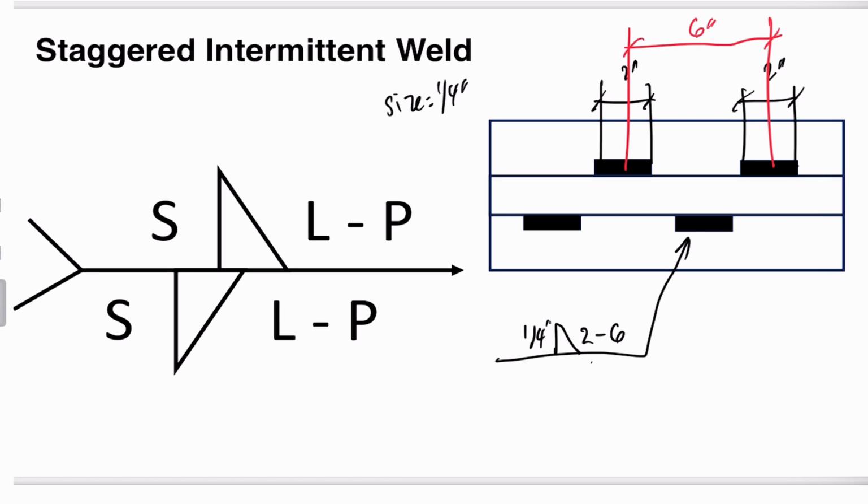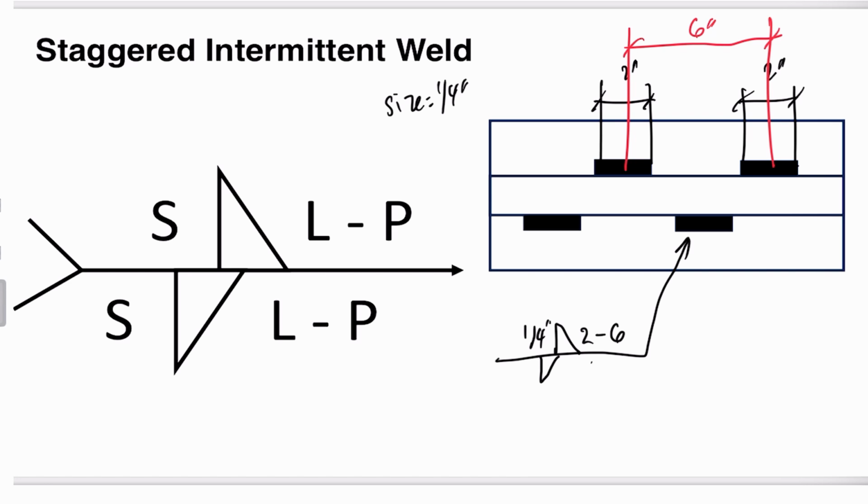Note that for the staggered intermittent weld, the fillet welding symbol should not be placed directly downward of the weld symbol on the other side. So it has some sort of an offset between the weld symbol above the reference line and below the reference line.